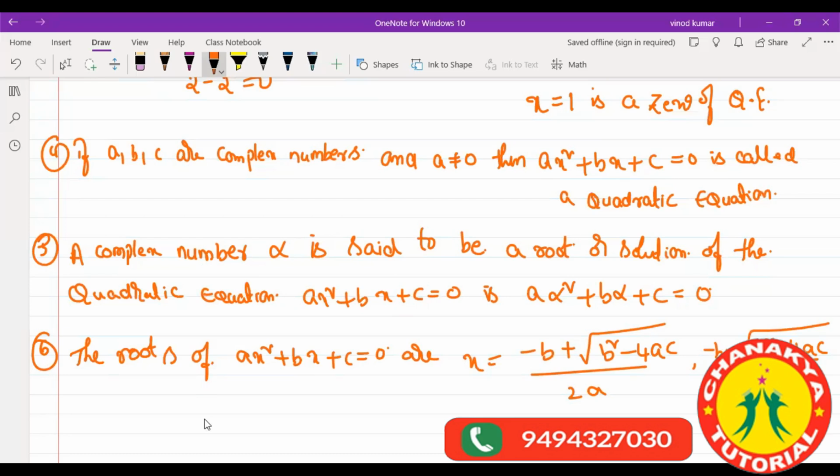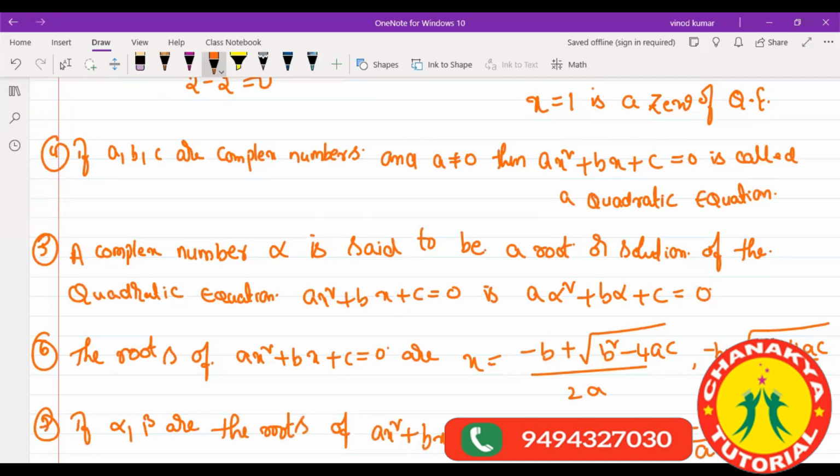Next, if alpha, beta are the roots of ax square plus bx plus c equal to 0, then the sum of the roots is minus x coefficient by x square coefficient.